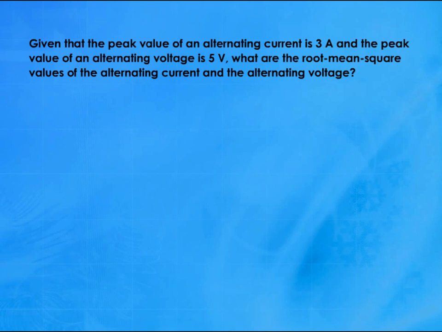Given that the peak value of an alternating current is 3 amperes and the peak value of an alternating voltage is 5 volts, what are the root-mean square values of the alternating current and the alternating voltage? The root-mean square value of the alternating current is equal to the peak value of the alternating current divided by square root 2.